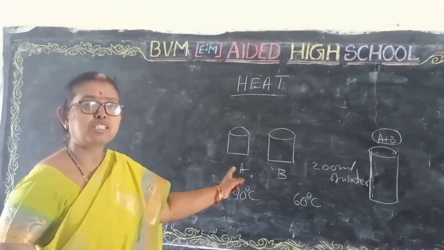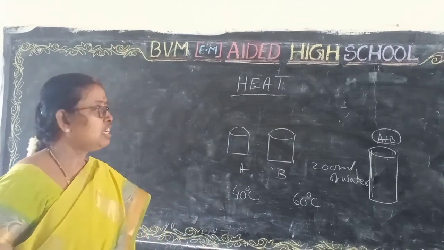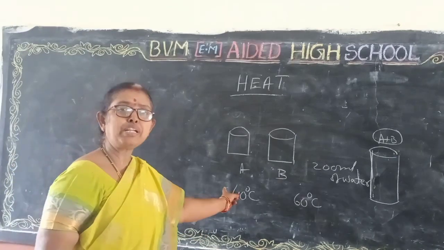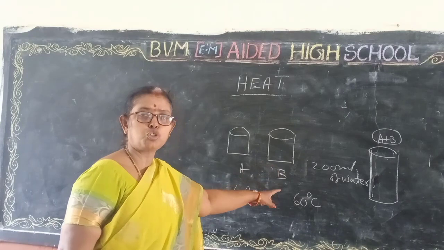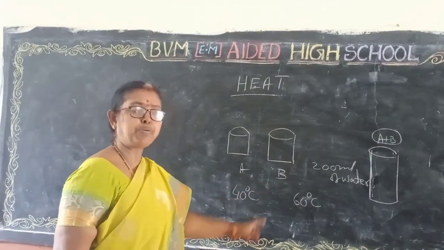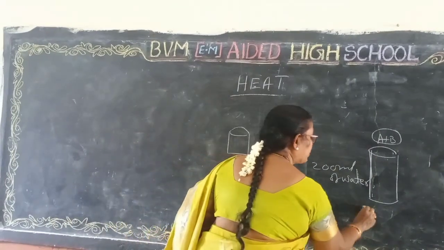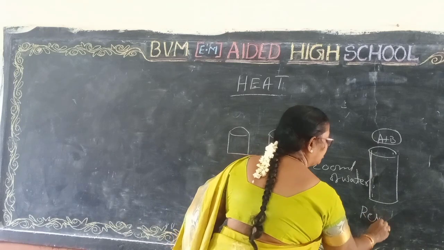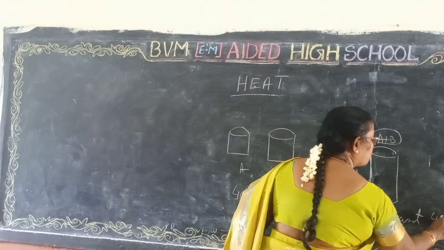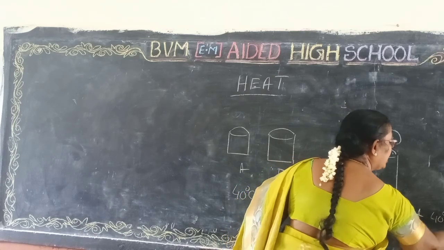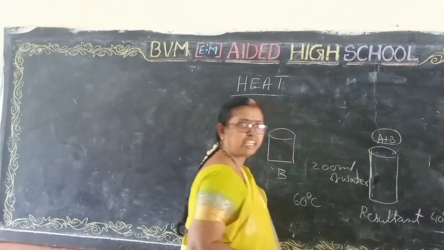Here the volumes are similar, so the temperature, one is 40 and one is 60. When you combine these two, you get a resultant temperature. That resultant temperature will be between 40 and 60 degrees.